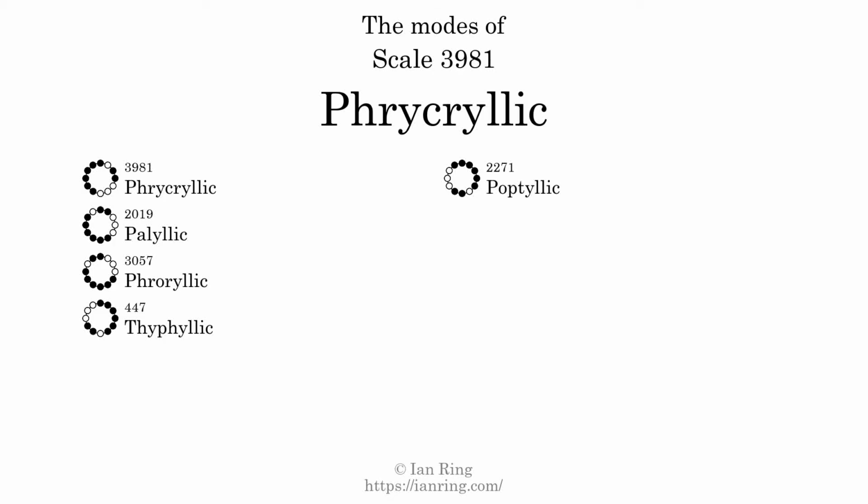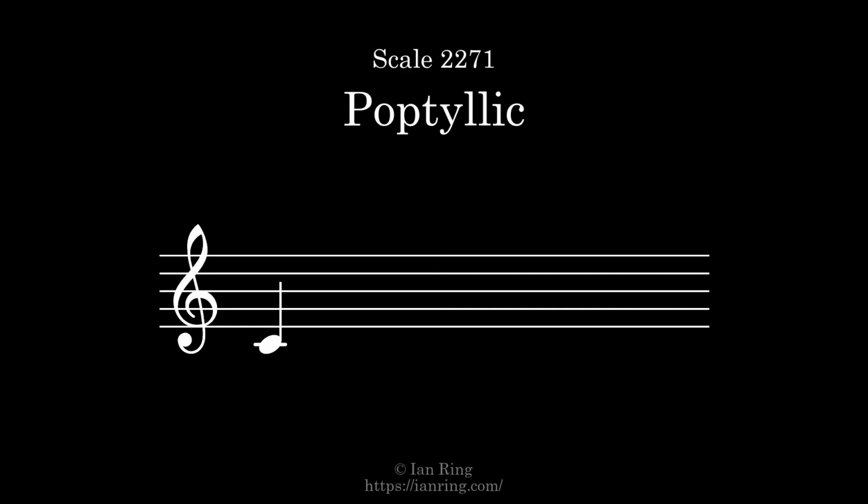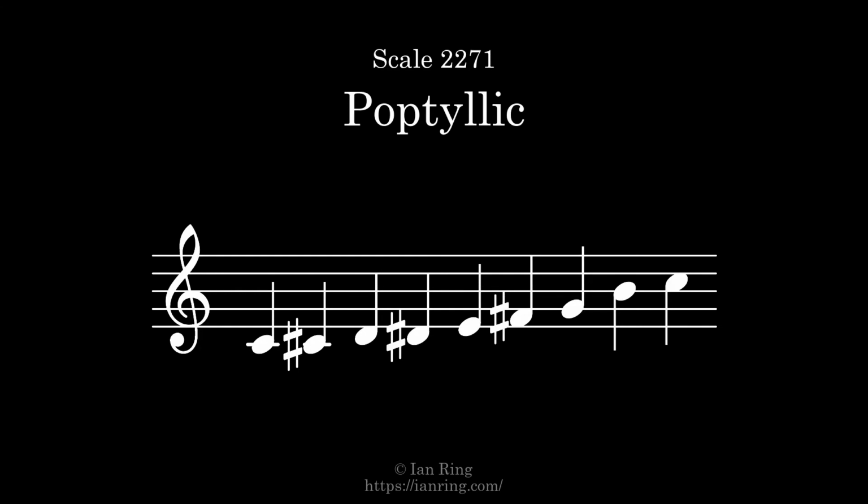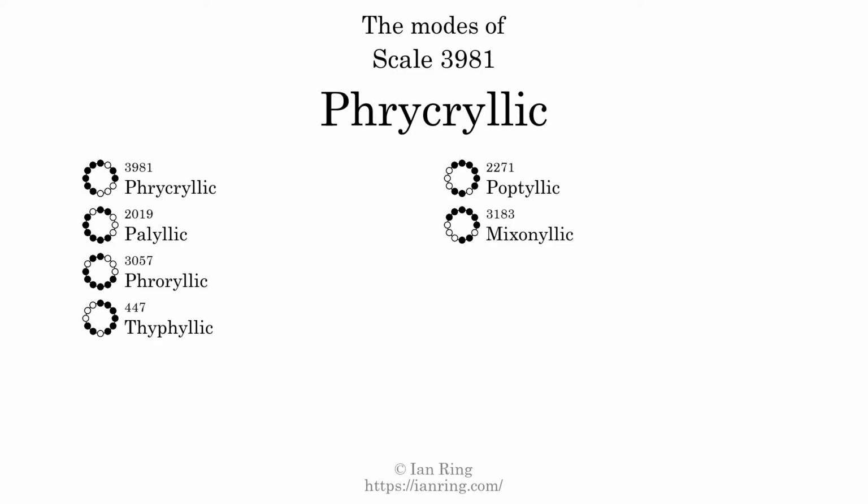The fifth mode is scale 2271, also known as Phrycryllic. It sounds like this. The sixth mode is scale 3183, also known as Phrycryllic. It sounds like this.